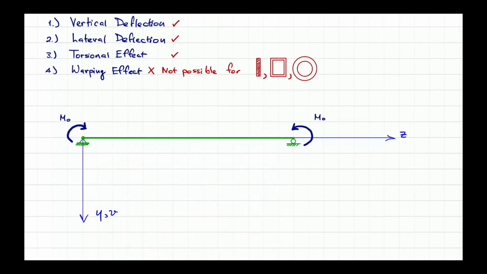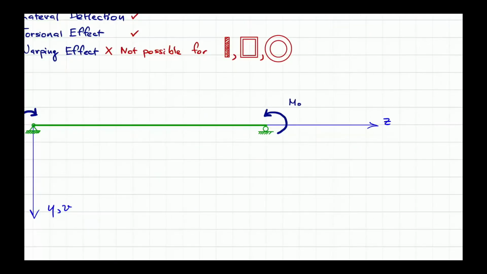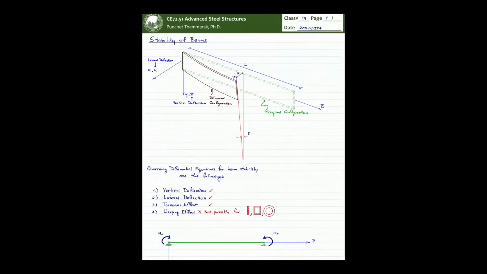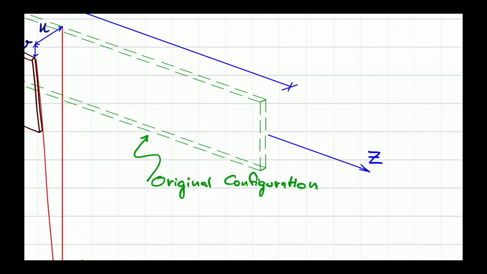Okay, so we have this view. If we look into the cross section, you will find that the cross section that takes care of the bending moment, or the cross section that is relevant to the calculation of the vertical deflection, is about this direction.